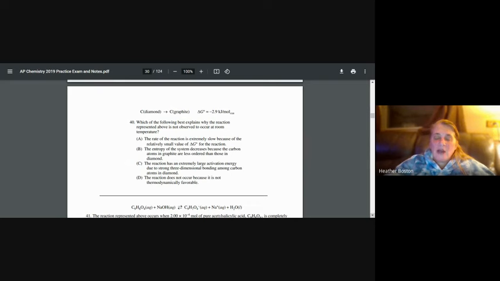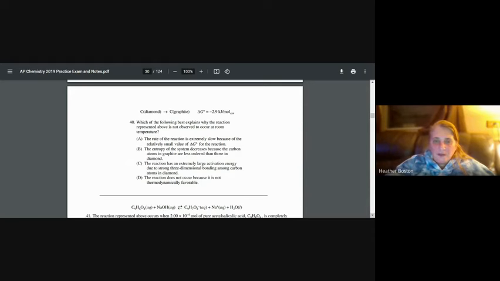We know lots of spontaneous reactions that happen super quickly, just like when you breathe in oxygen, and lots that don't happen super quickly, like the rusting of iron. So anything that talks about slow versus fast, automatically cross that off.